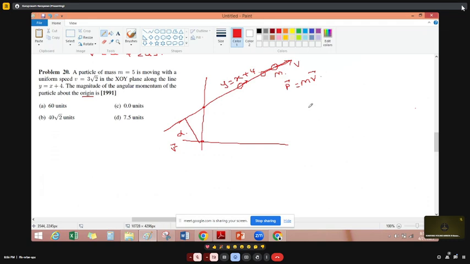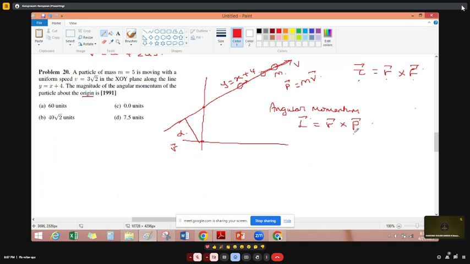So if I want angular momentum, angular momentum L is equal to R cross P. This is similar to your torque is equal to R cross F. So this is linear, multiplied by the radius, you will get the rotational.